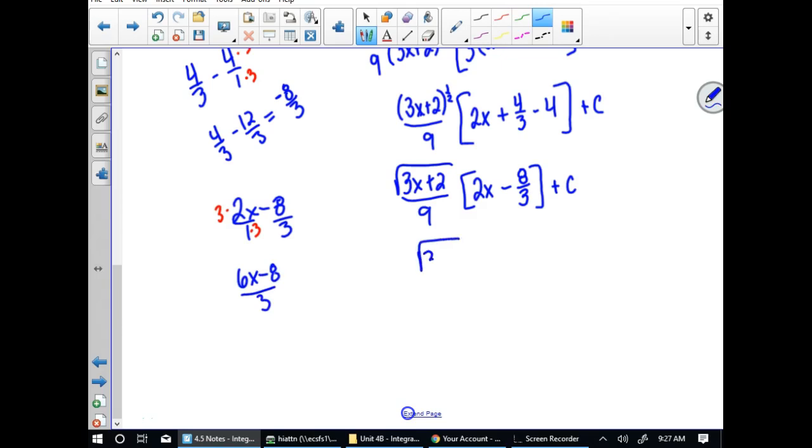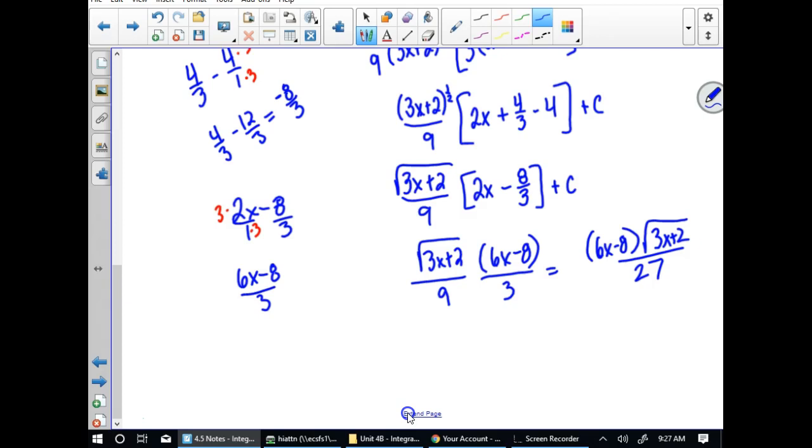So you have the square root of 3x plus 2 over 9 times 6x minus 8 over 3, which would give you 6x minus 8 times the square root of 3x plus 2 over 27 plus c. They might do something like that. Possibly. Who knows what they could possibly do.